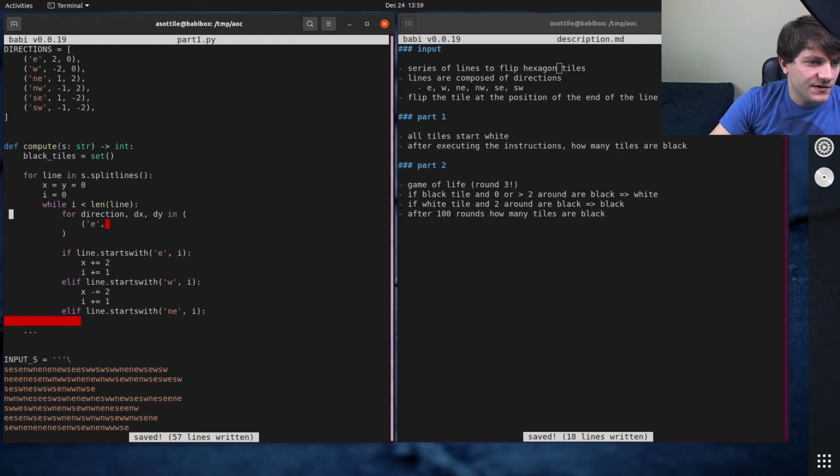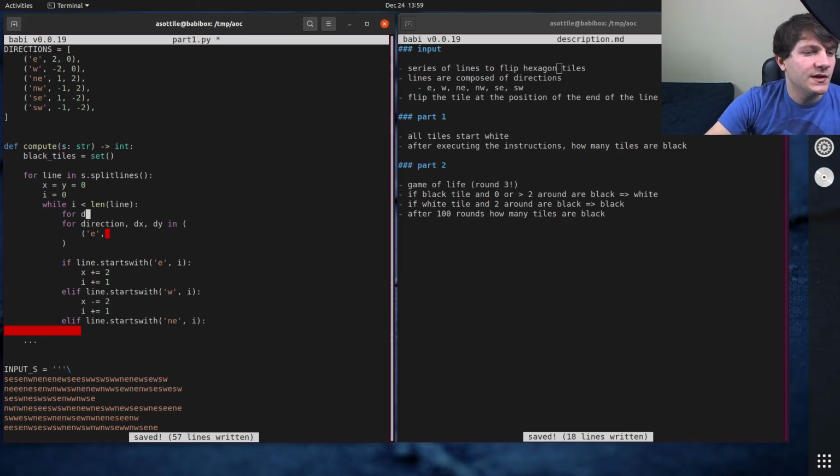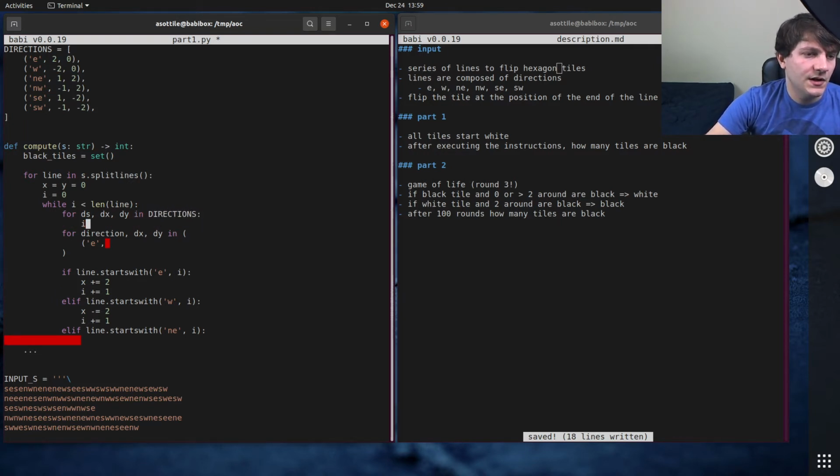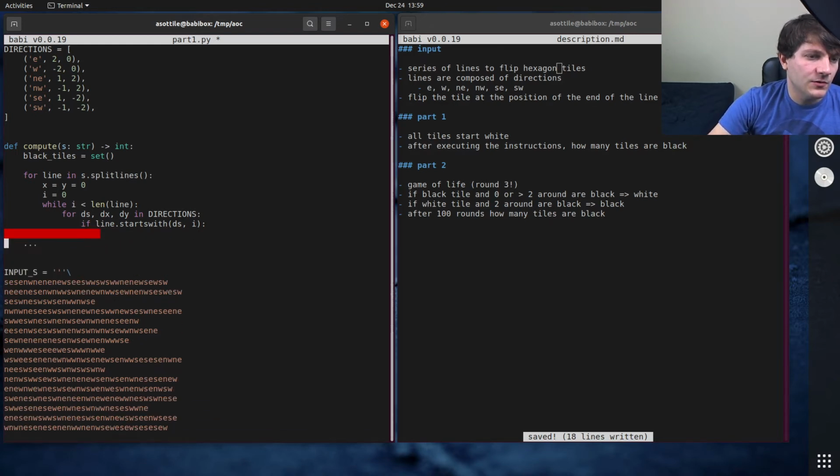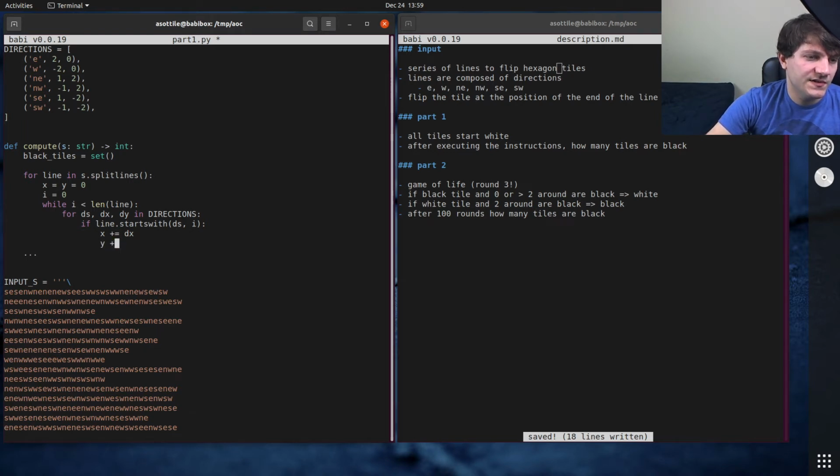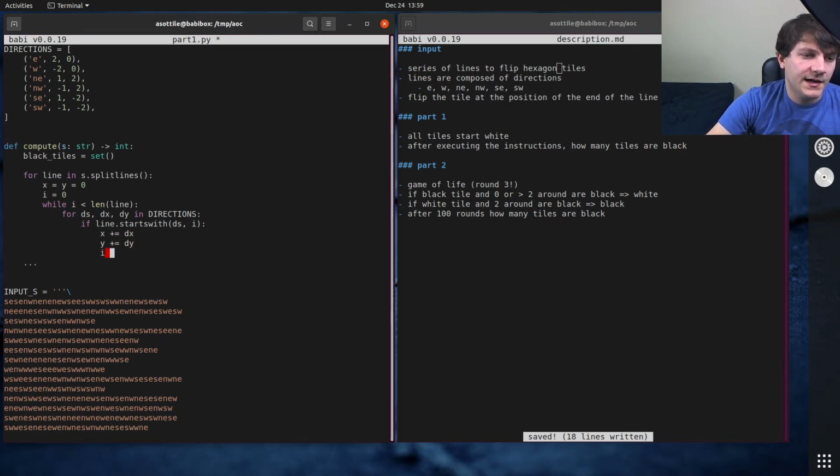So then we have our directions there, and then we can do for ds, dx, dy in directions. If line.startswith ds at i, then we can do x plus equals dx and y plus equals dy, and i plus equals len of ds.